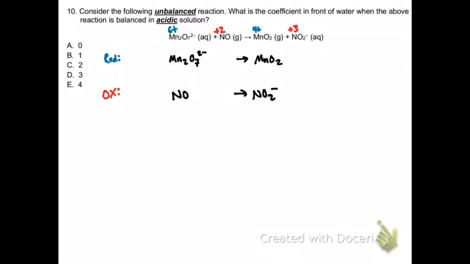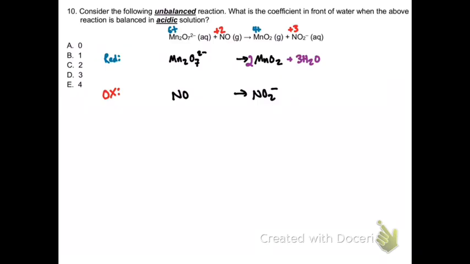So I'm just going to put a 2 here because we're going to need 2 of these in order to have an equal number of manganese on both sides. Now, what is the issue? Well, there's not enough oxygens on the right-hand side. There's 7 over here, and there's only 4 total over here. So how do we balance out oxygen? With water. So with 3 waters, great, okay.